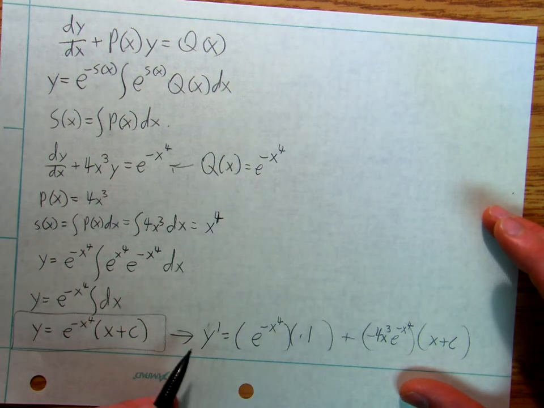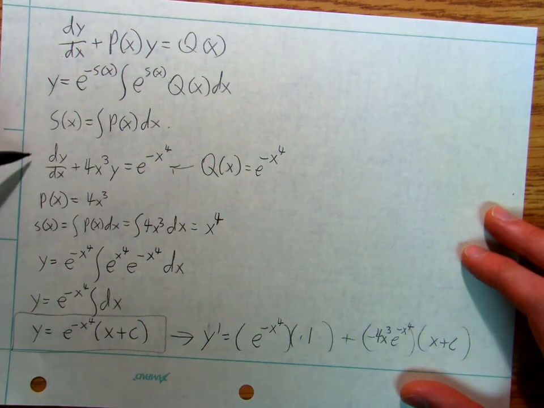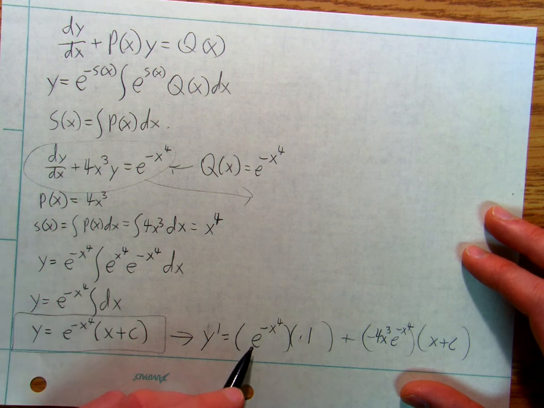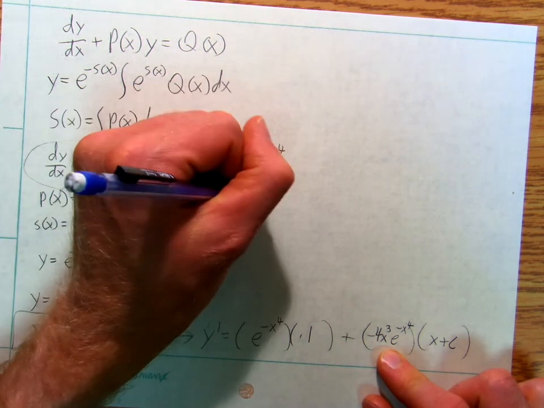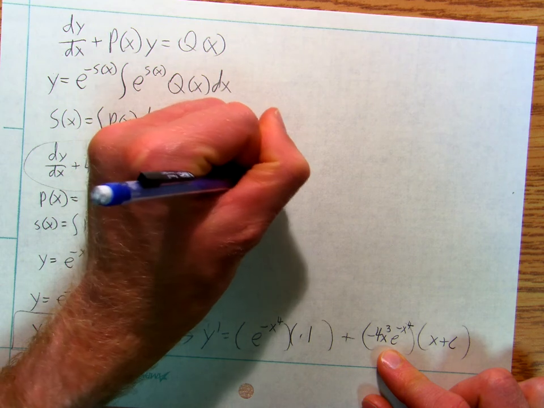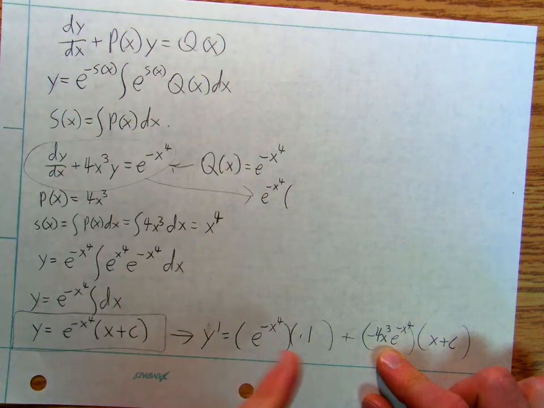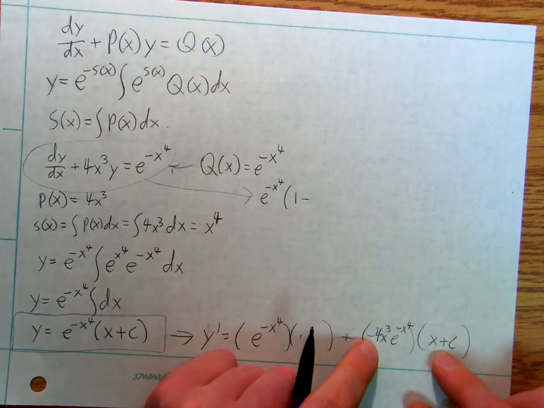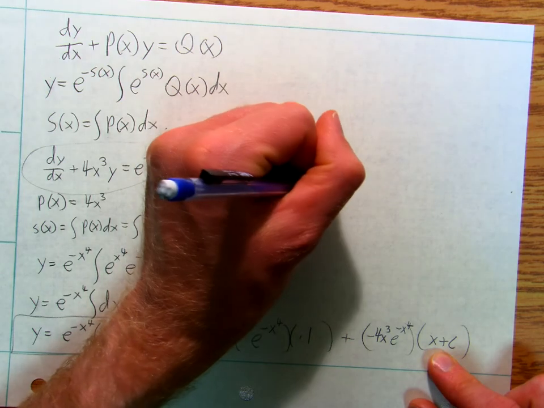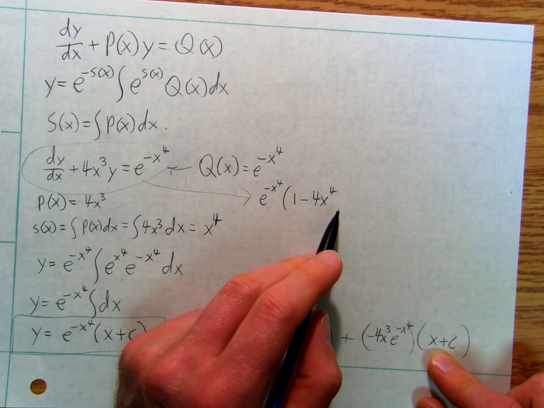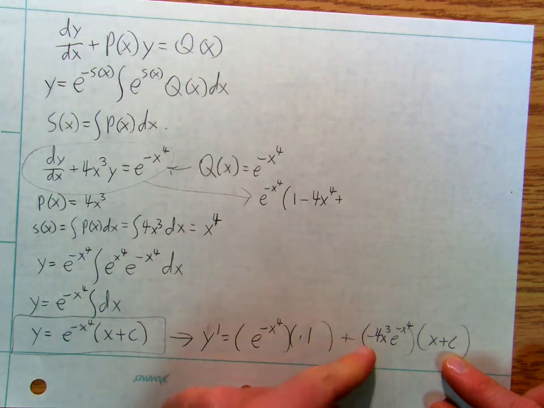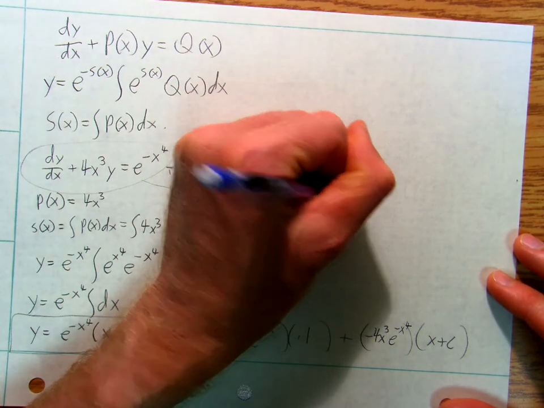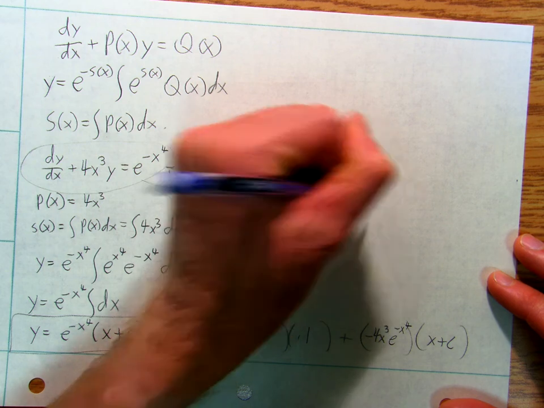So if I do that, so there's my dy dx, and so I'm going to write it a little bit more complicated. So dy dx is e to the negative x to the fourth, parentheses 1 minus 4x to the fourth plus c, that's going to be minus 4cx to the third.